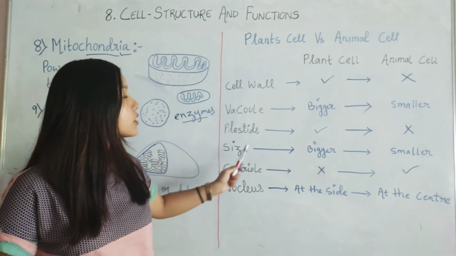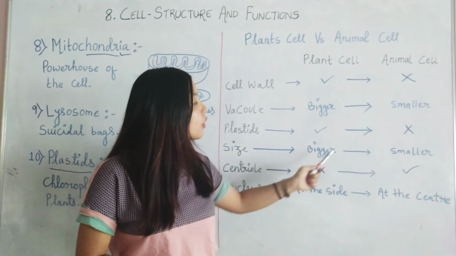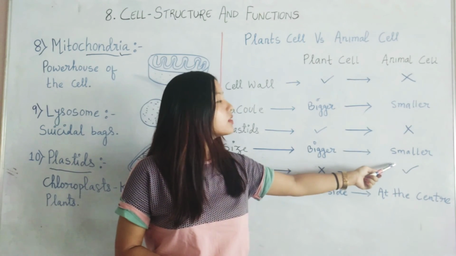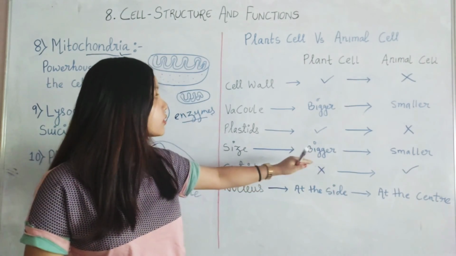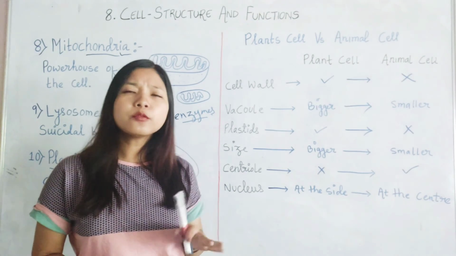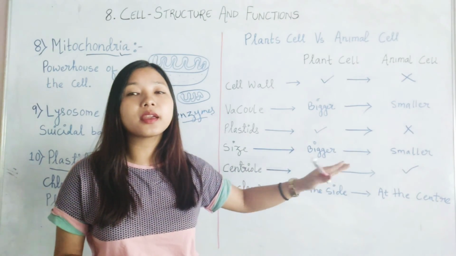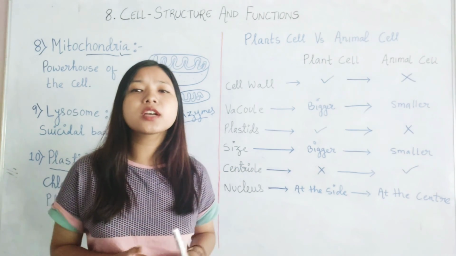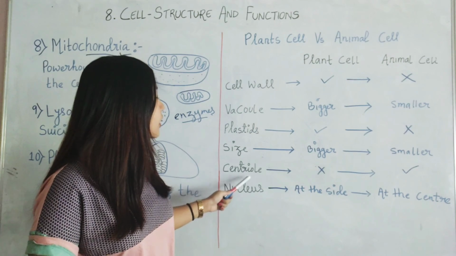Size. The size of the plant cells is generally bigger, while the size of the animal cell is generally smaller. Also, most of the plant cells have somewhat similar shape, but animal cells may have different types of shapes. Next is centriole.